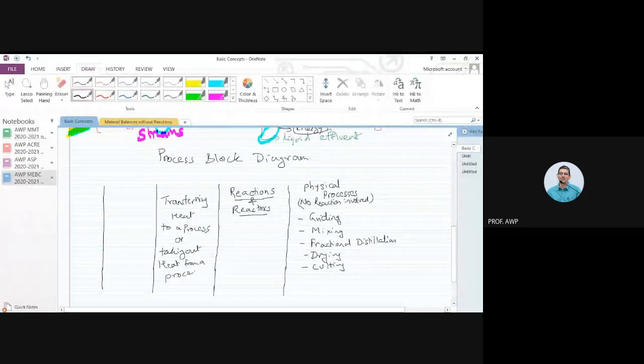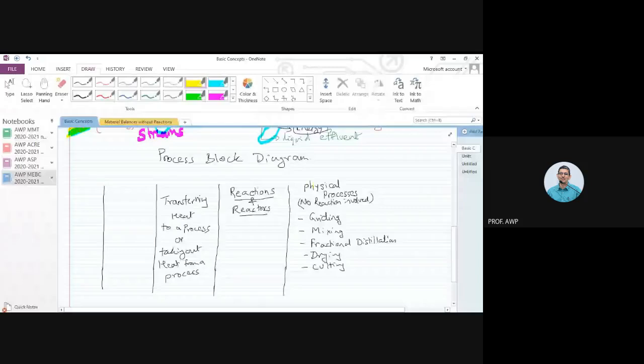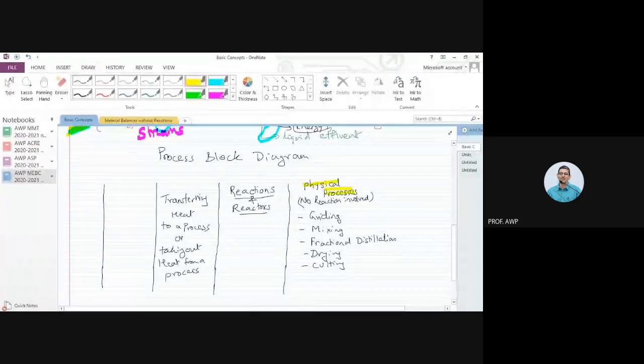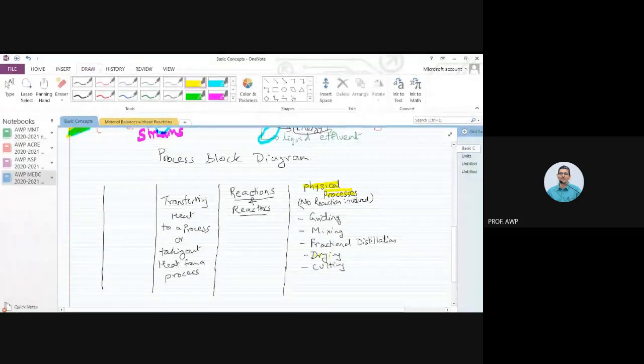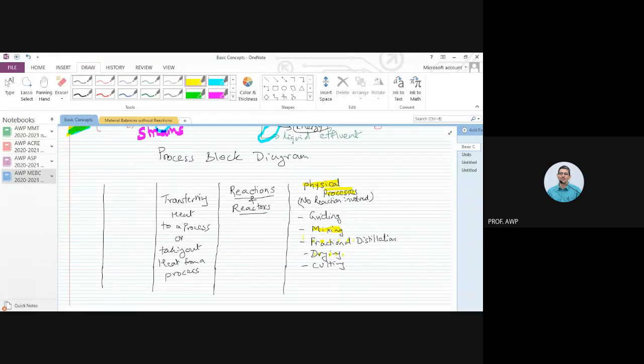Now, some of these physical processes that we talked about also involve transfer of heat. For example, drying involves transfer of heat. Distillation involves transfer of heat, right? But some of them don't involve any transfer of heat. For example, mixing. Maybe I'm just mixing some powders of silica, sand, boron, boric acid, whatever other components.